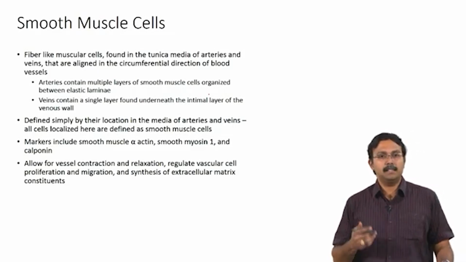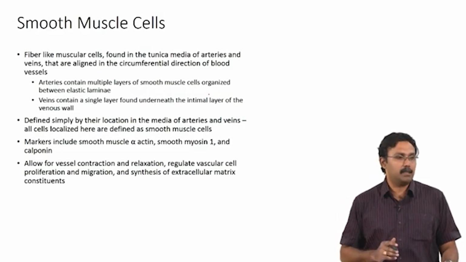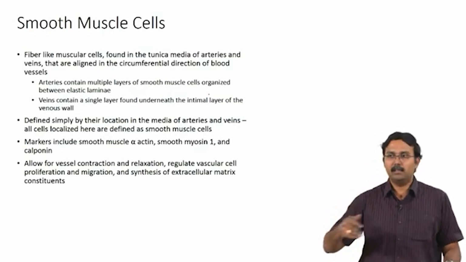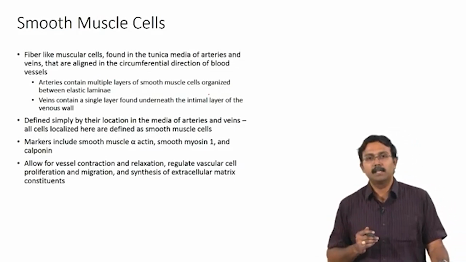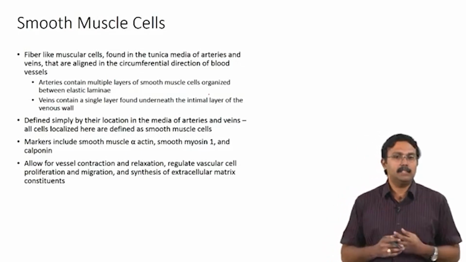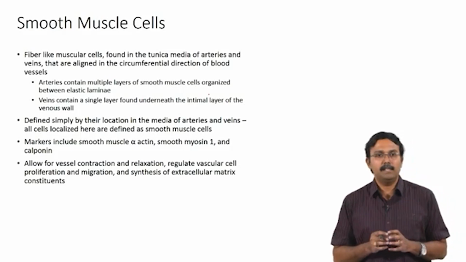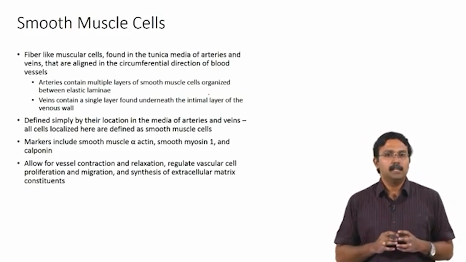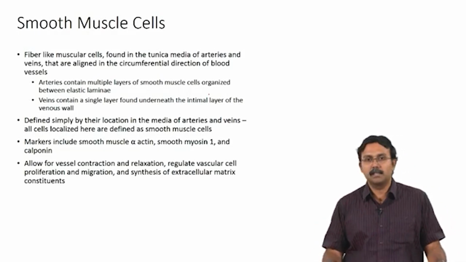Veins contain a single layer which is found right underneath the intimal layer of the venous wall. So, just below the endothelial cell lining you have another layer of smooth muscle cells. This is actually just defined by the location in the tissue. Because they are present in the media, they are the smooth muscle cells. All the cells which are localized in this region are classified as smooth muscle cells.